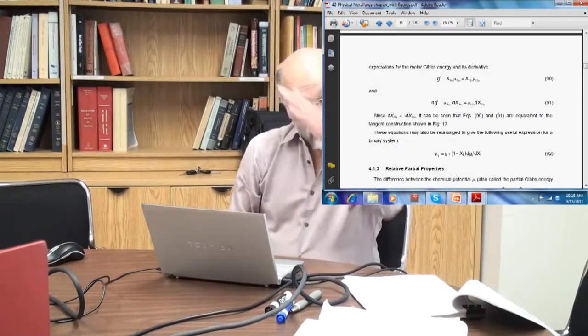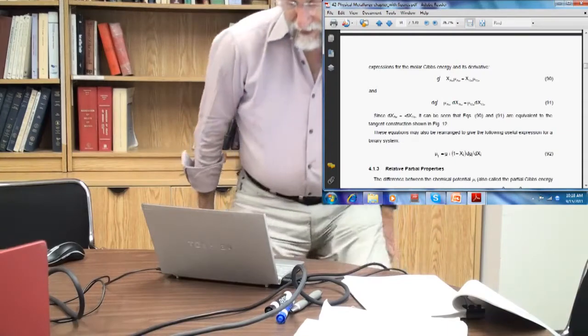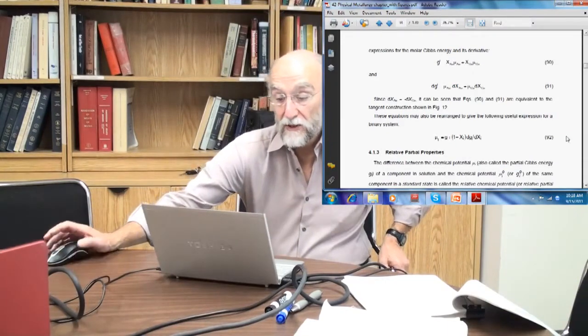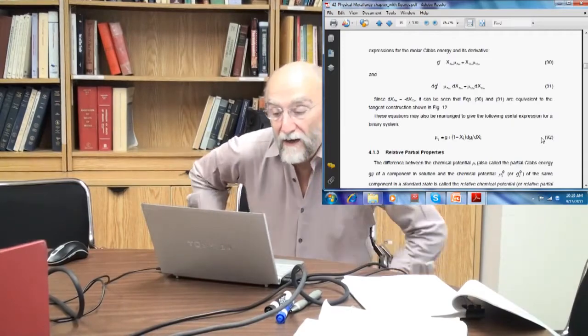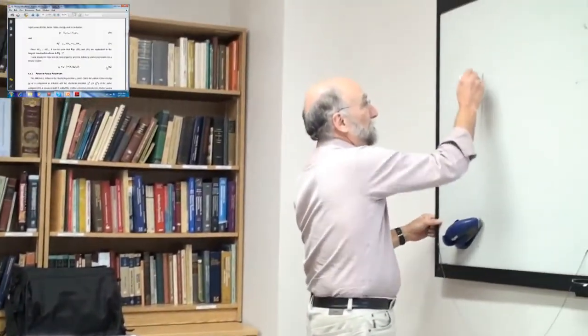The tangent construction is that the two lines are equal. Another way of expressing the tangent construction is in equation 92. And you might want to try to prove that yourself, because it gives you a chance to think about it.